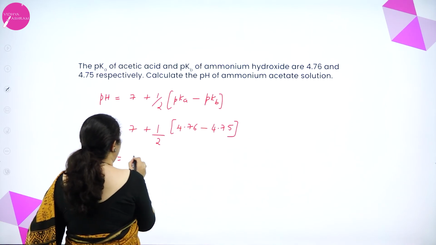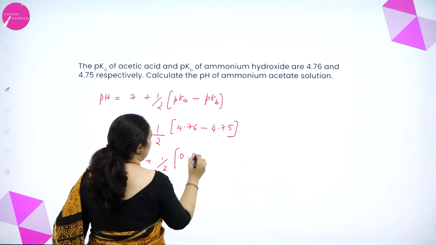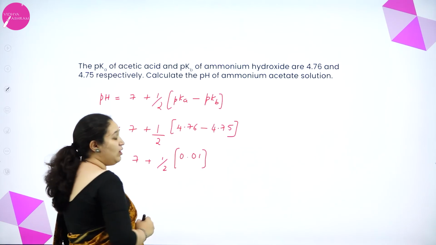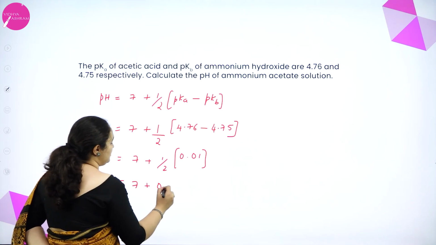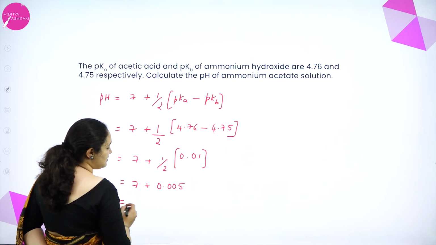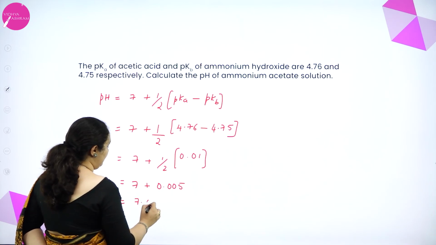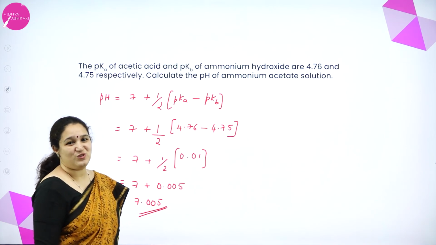So, we will get it as 0.01. So, half of 0.01 is 0.005. So, 7 plus 0.005 is 7.001. So, this is the pH of the solution.